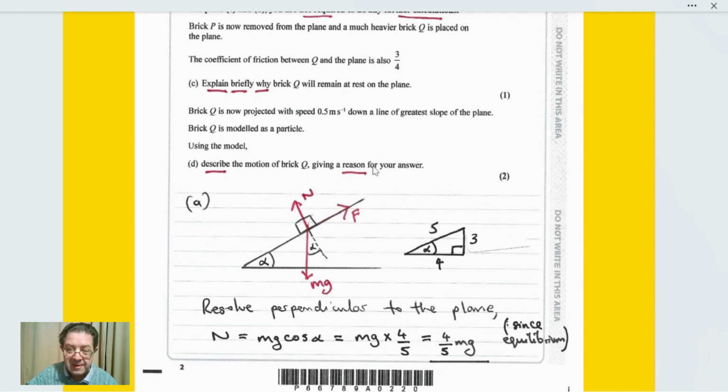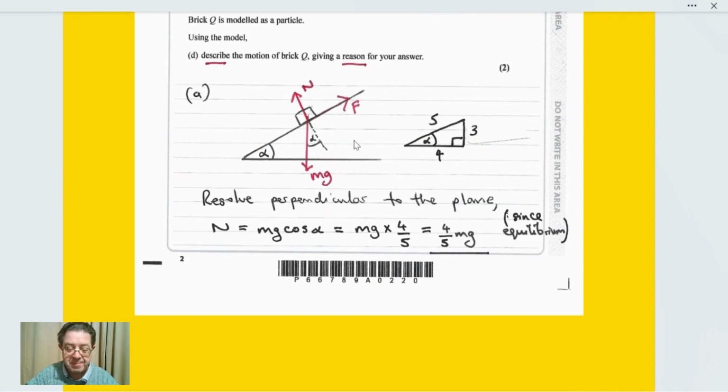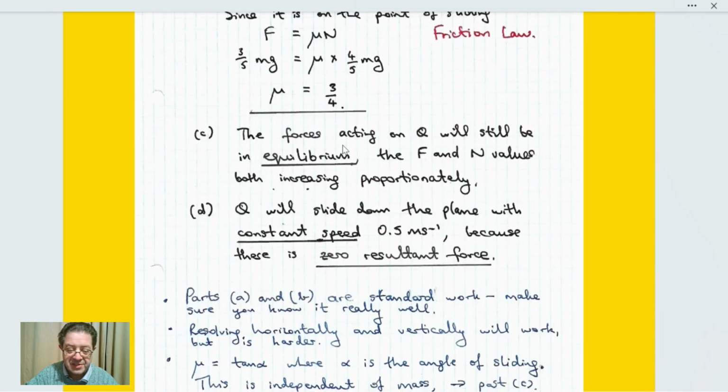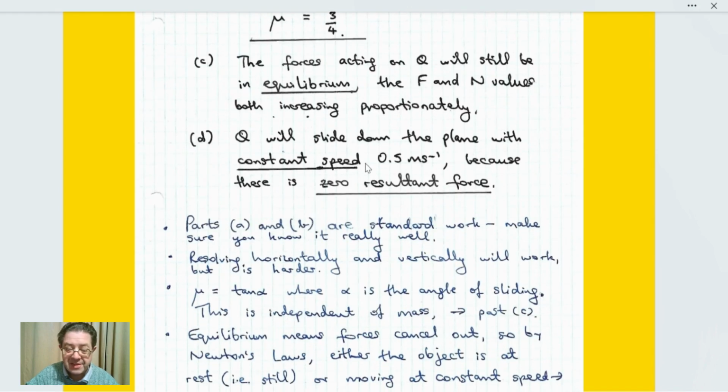It started moving. It's still in equilibrium. That means there is no resultant force, and that means by Newton's laws that Q will continue at that constant speed of 0.5 meters per second. So the answer is going to be that Q will slide down the plane with constant speed because there is no resultant force.